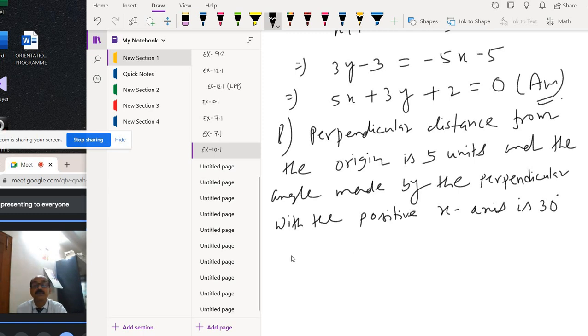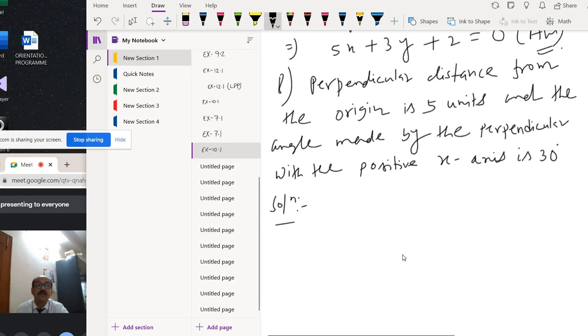Okay? Question clear? Yes, sir. The distance from the y-axis is 5 units, and the slope is tan 30.